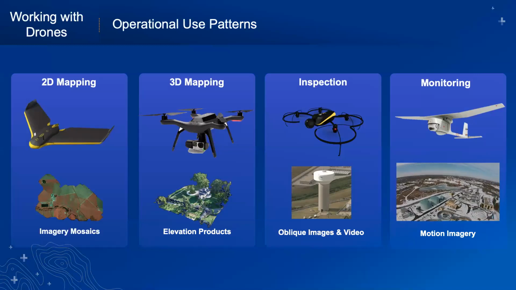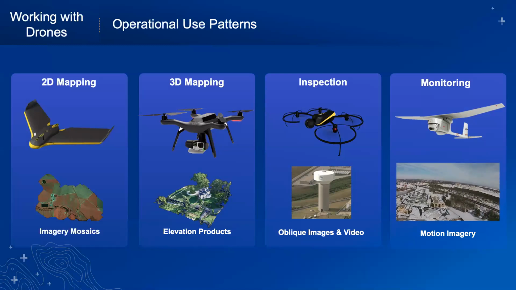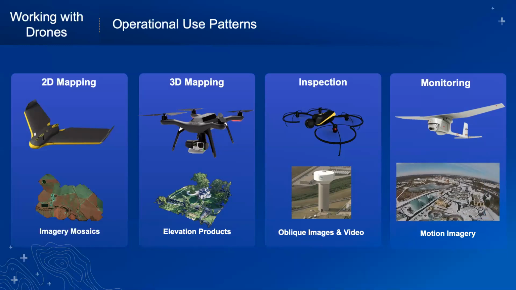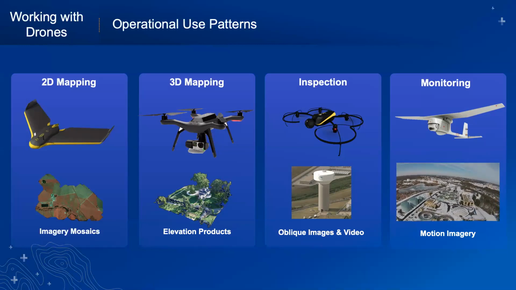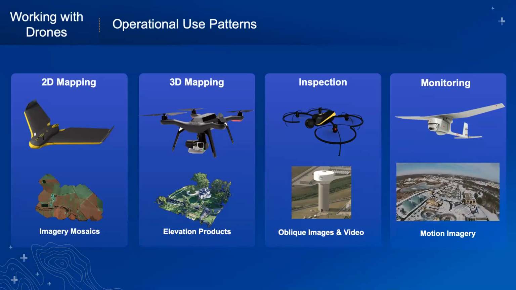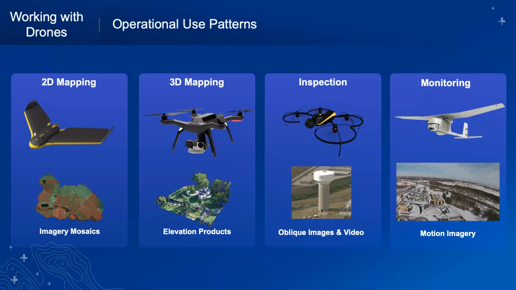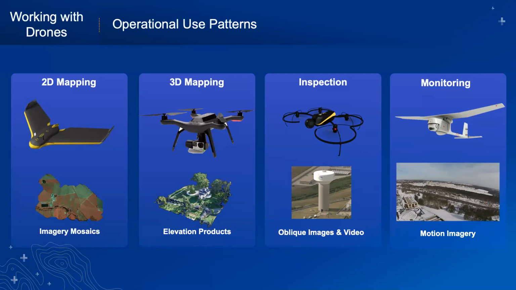Tasking and collection is all about getting the proper imagery that you need, and some of what Andrew discussed with looking at flight paths, for instance, and the application of Pix4D. Processing is the conversion of that raw imagery from the drone into recognized geospatial content that can be used for analysis. Exploitation and dissemination is about the delivery of information products to your end users.